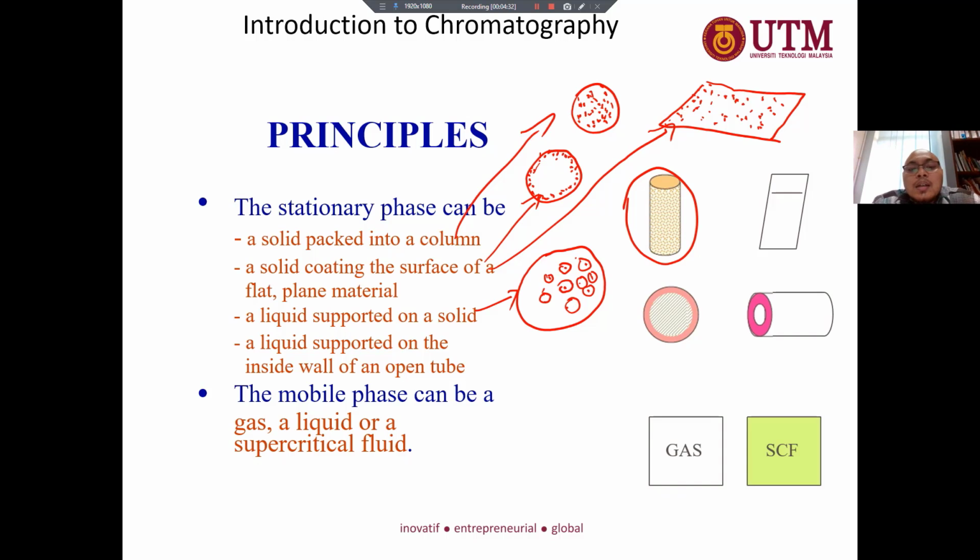Or we can have a liquid supported on the inside wall of an open tube. Or we can have a thing like this. There is no solid particle, we only have the liquid support. So the liquid is supported or coated on the wall of our column.